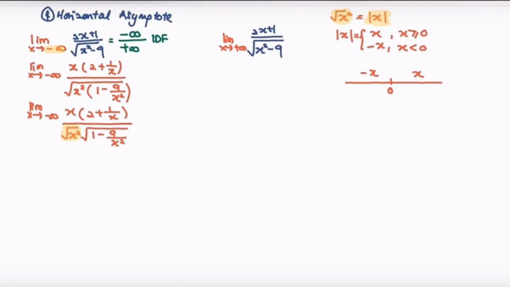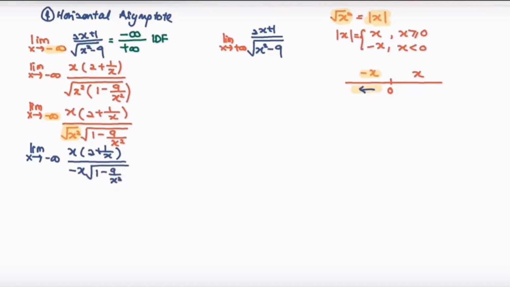For this case, x approaches negative infinity, meaning towards the left, so negative x is selected. The limit when x approaches negative infinity is x times (2 plus 1 over x) over negative x, because x approaches negative infinity, or we can say towards the left.